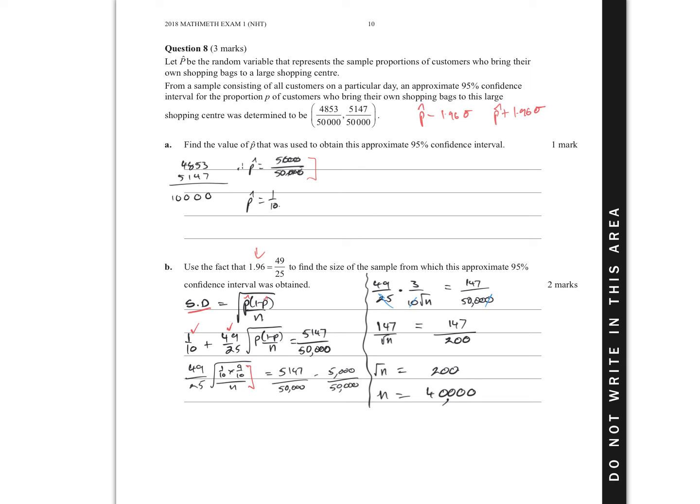So what does that give me? So that gives me 9 on 100 over n, times 49 on 25.